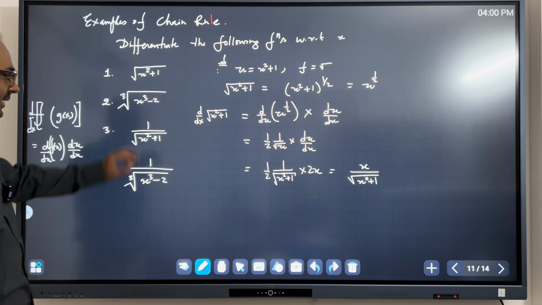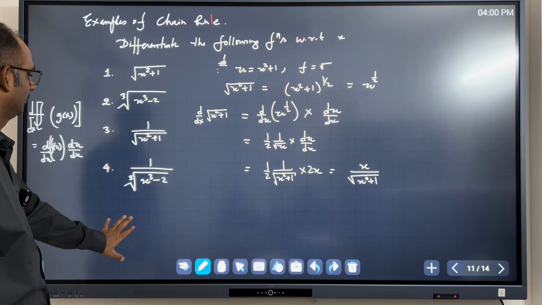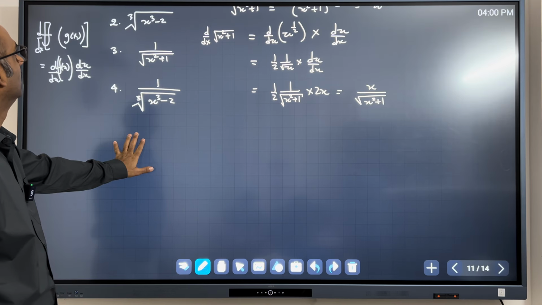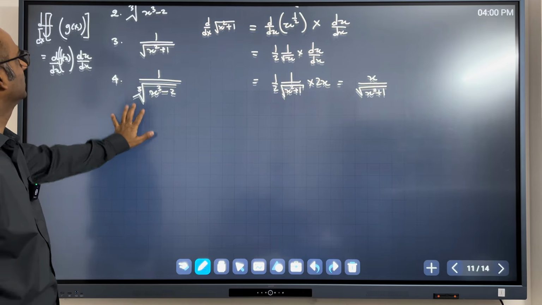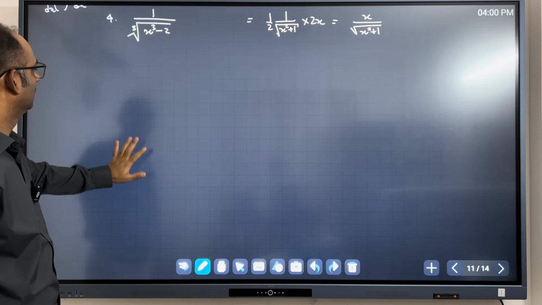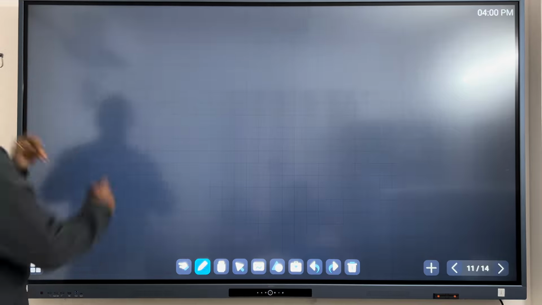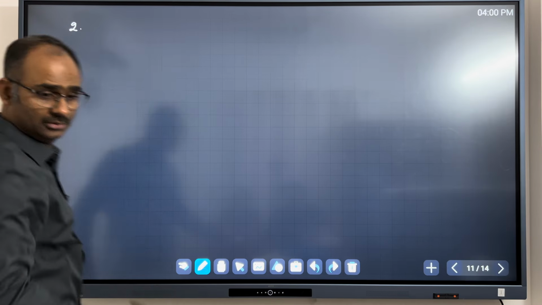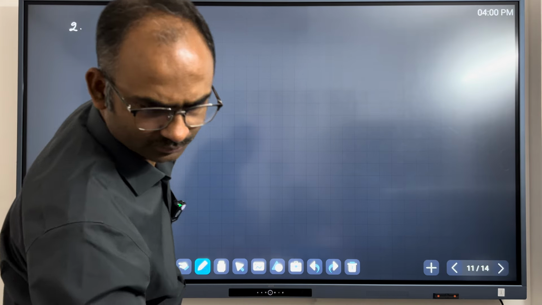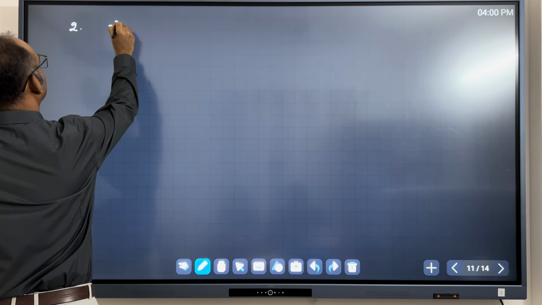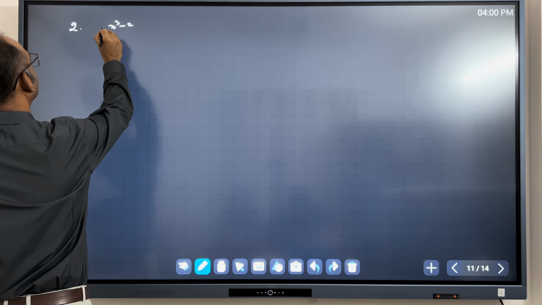Okay, let's look at the second one. So I'll just write here. So the second one is, what is that? x cube minus 2.